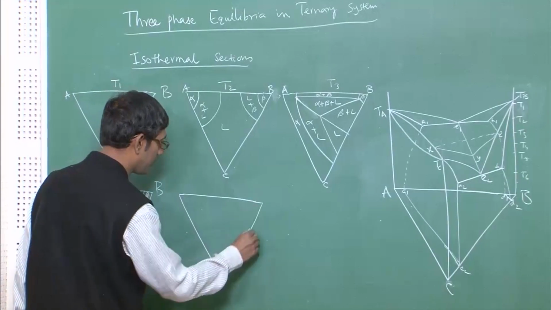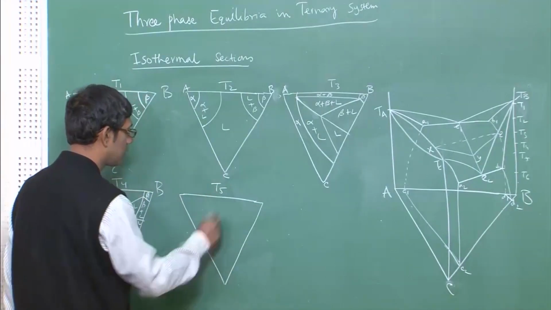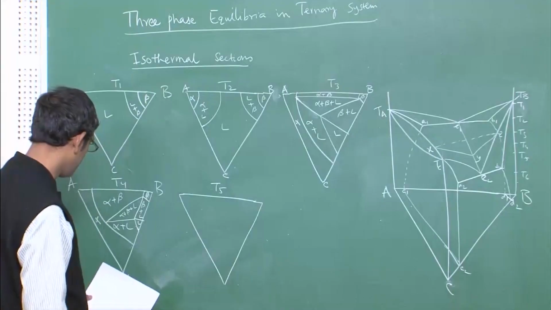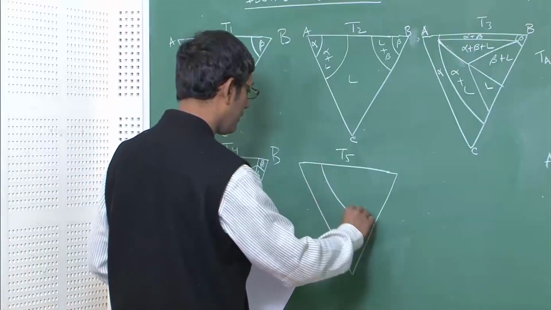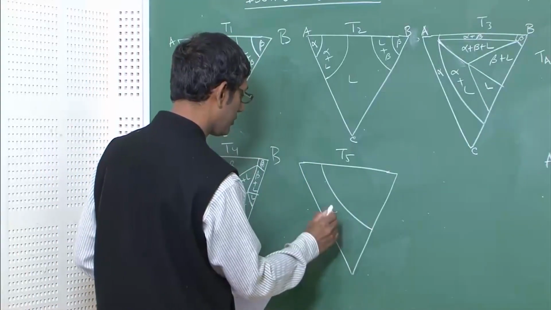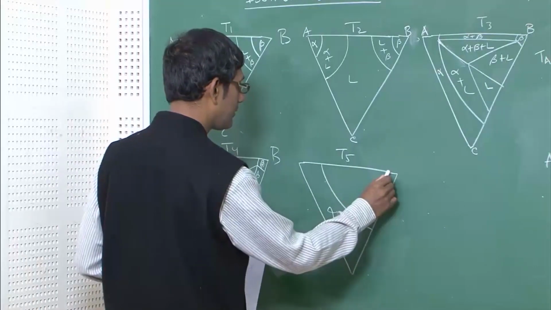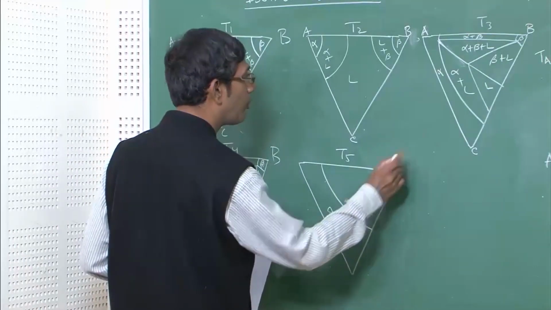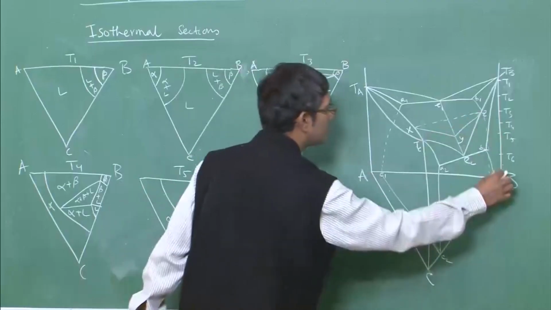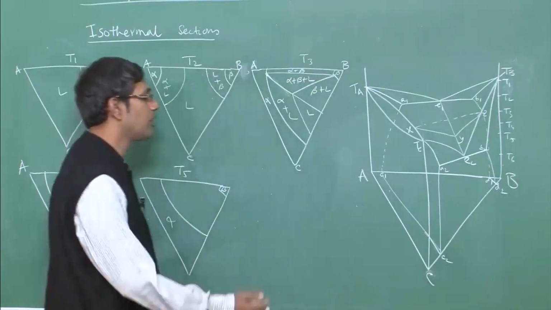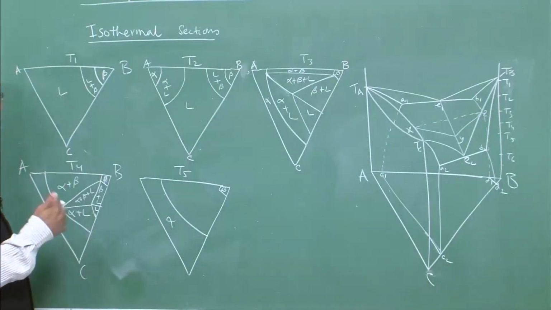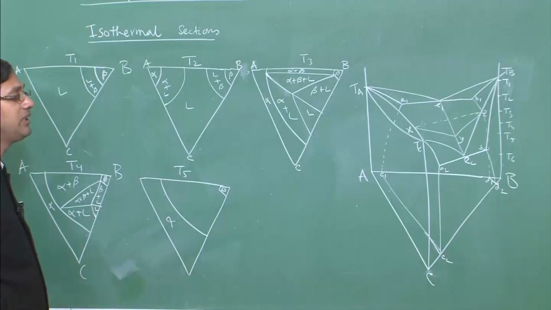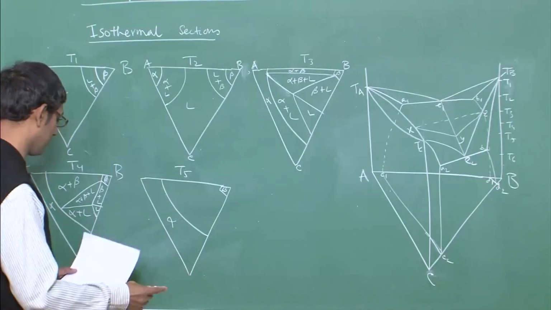Next one is T5. T5 will have a large chunk of alpha almost, and beta will be small. Beta is small because the beta zone is small here. You can see here beta is basically small. The solid solubility of A and C in B is small, so the beta phase is very small, that is why.